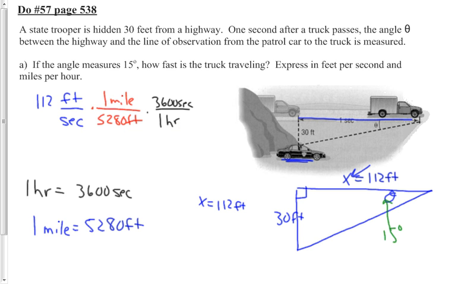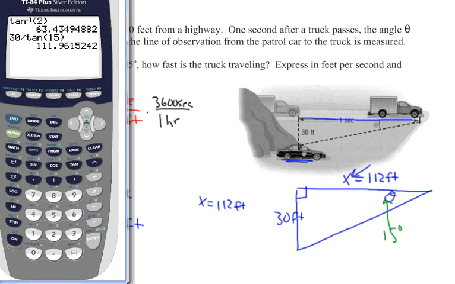Okay, so what is this telling me I'm going to do? I'm going to multiply the 112 times the 3,600, and then on the bottom, if you recall, there was the 5,280, so divide by 5,280. And we're going to get 76.4.